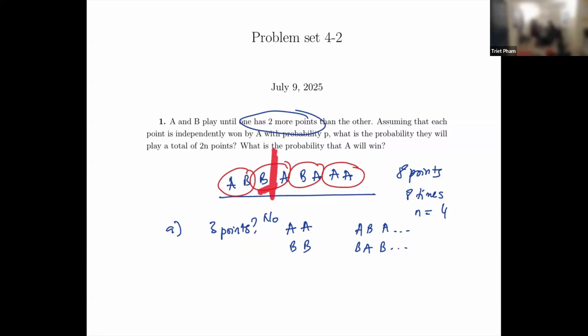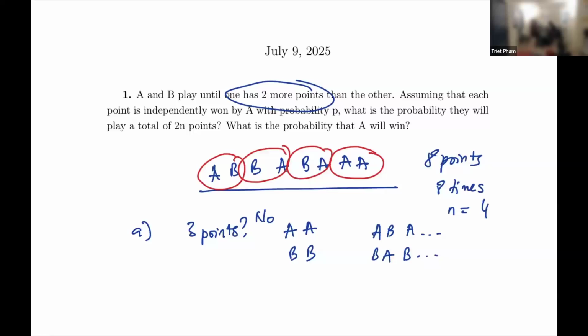That analysis, which is not spelled out in the problem, helps us understand the structure of this game.